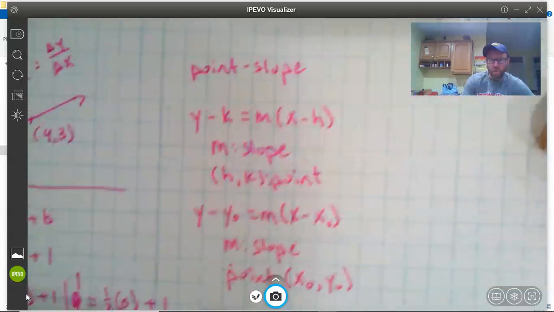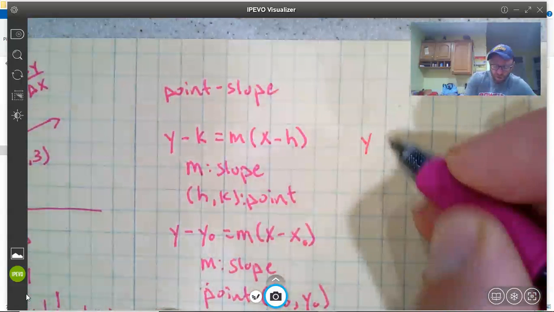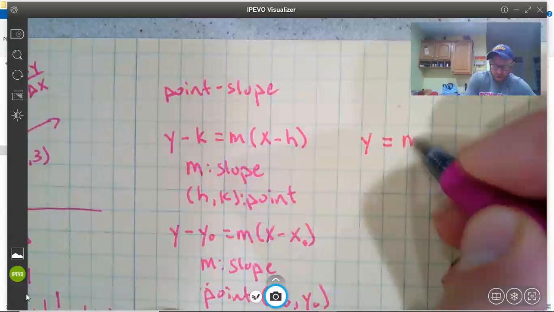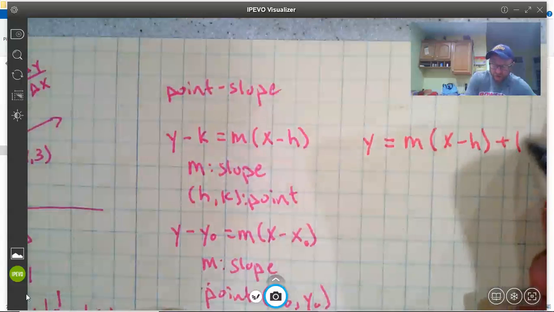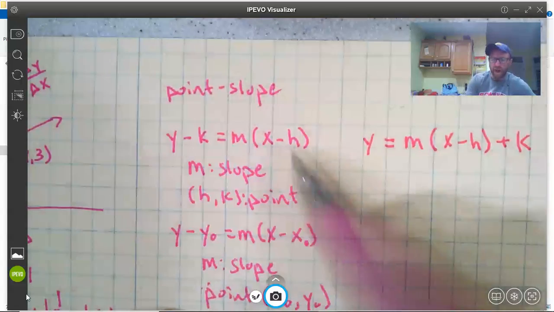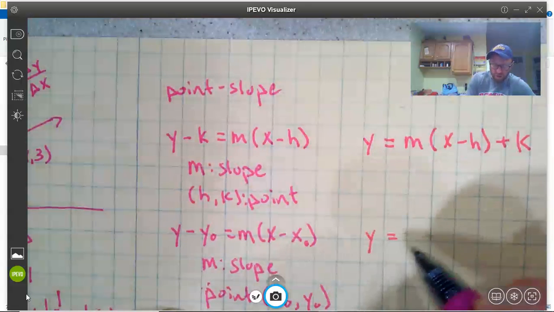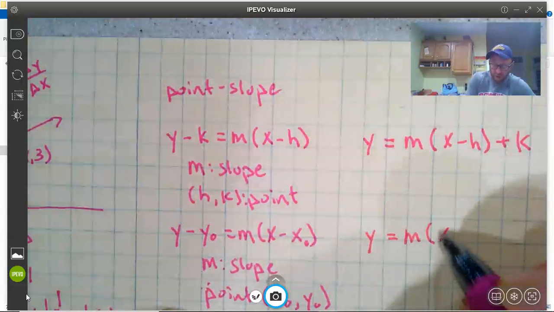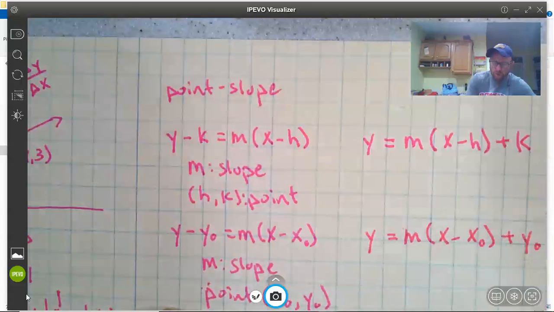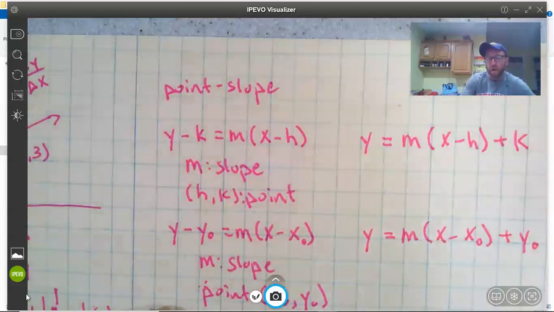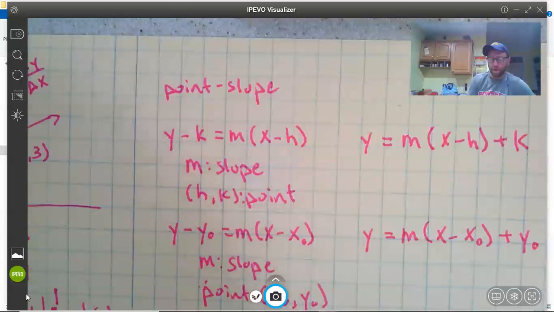There is one other form that you will see sometimes: y equals m times (x minus h), and then it's plus k on the end. They just move the k to the other side of the equation, and everything still stays the same. Or you might see it as y equals m times (x minus x sub 0) plus y sub 0. The only difference is they've moved the y-coordinate of the input point, the point I'm plugging in, to the other side of the equation.